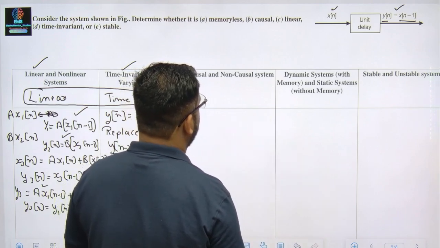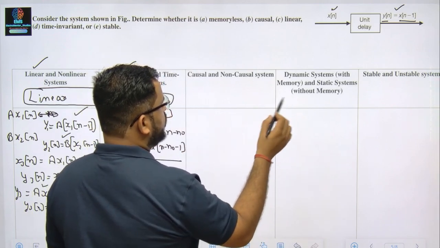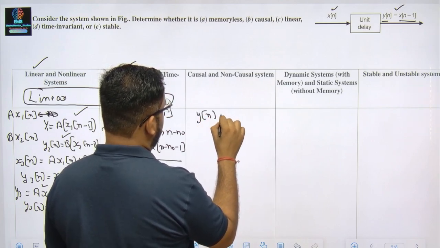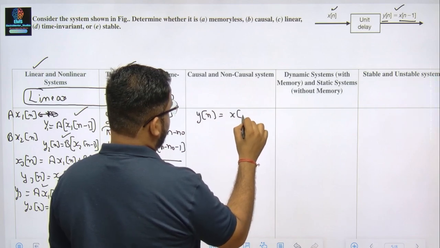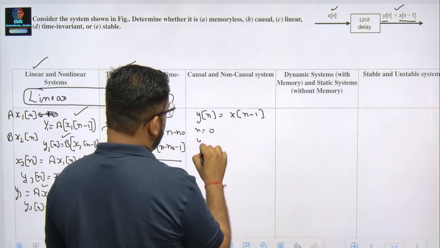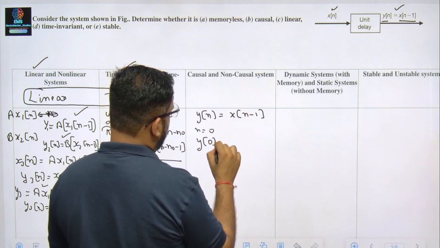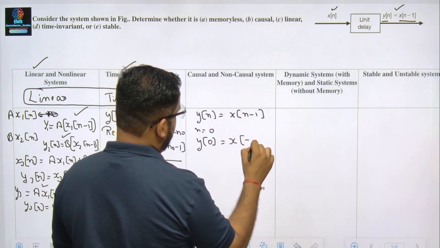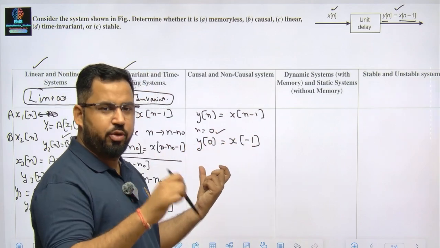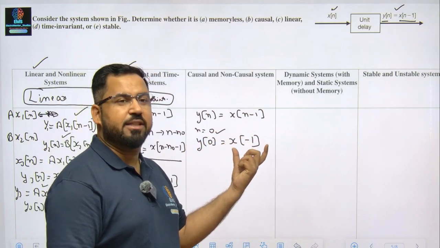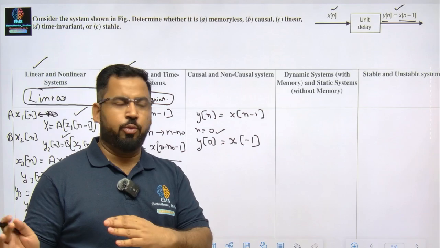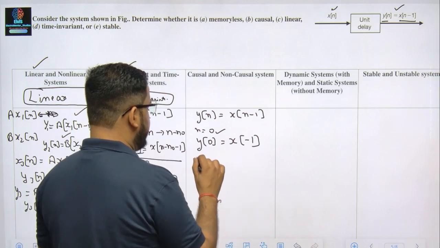Now let us see causal and non-causal. So my y[n] is nothing but x[n-1]. Substitute n equals 0. So my y[0] is nothing but x[-1]. When my present output is at the 0th point, it depends on the past input, one moment back, so it is x[-1].